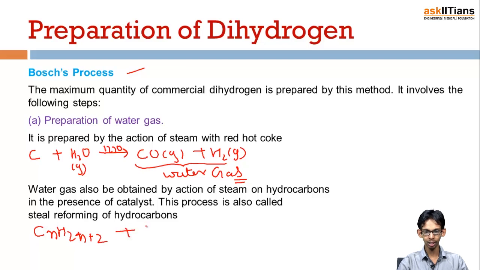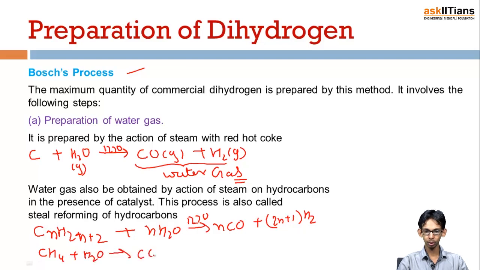When it is treated with n molecules of water at 1270 Kelvin, it forms n molecules of carbon monoxide and 2n+1 molecules of hydrogen. With an example, CH4 reacts with a water molecule to form carbon monoxide and 3 hydrogen molecules. So this is the first step of the Bosch process in which we produce water gas.